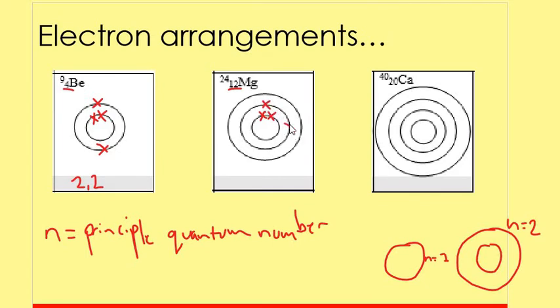So 1, 2, 3, 4. Now, we've still got more electrons to add. We should hopefully be able to see that we can put another 4 electrons into this shell. But now the electrons are going to start pairing up, and I'll represent this with a different colour, just so you can see how that works. So we put 1 there, there, there, and there.